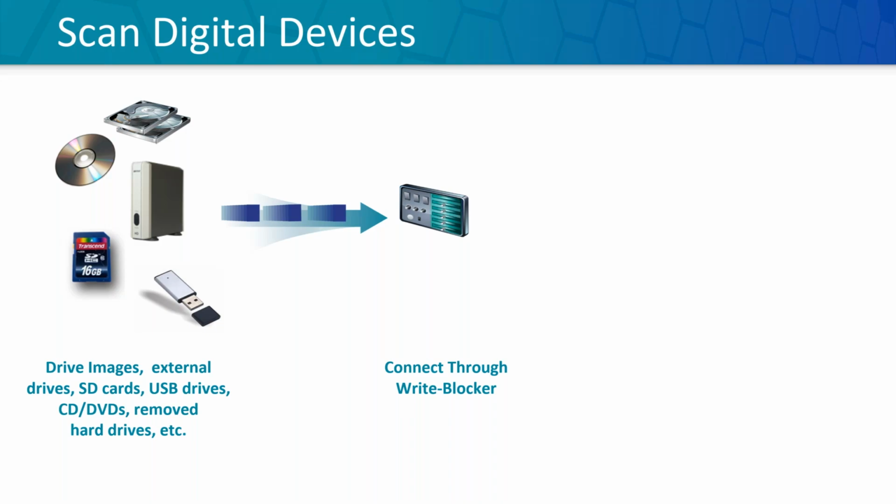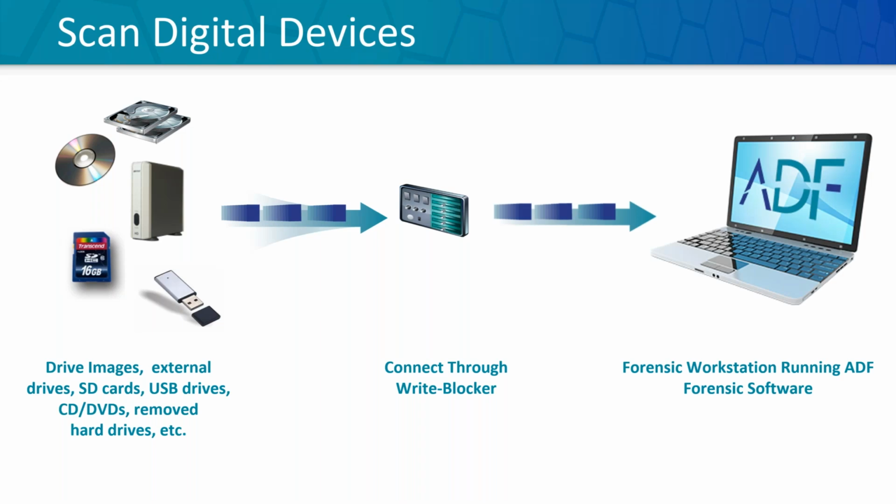You could take these, connect them through your write blocker, and then run it through the tool off your forensic workstation. We do dead box, we do attached drives. If your policy is to image first and then do it, we can also scan those images as well. So that's the first way to use it.